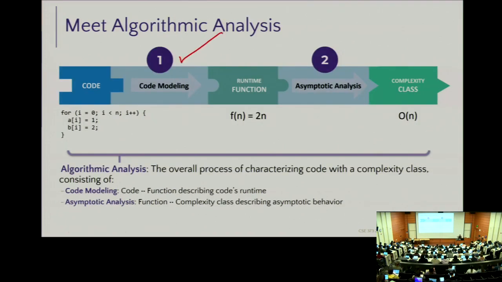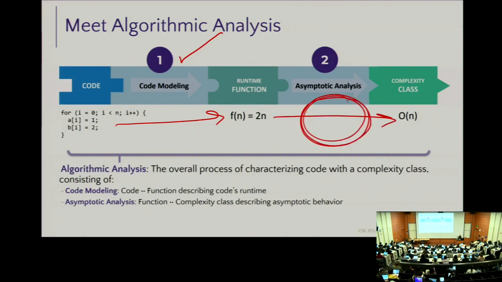We have just done something called code modeling, which takes you from code to this algebraic function that probably has a bunch of different terms and some different constants. And then eventually we need to go from there to here. That's what our question's really about: how do we get from this function over to the big O?